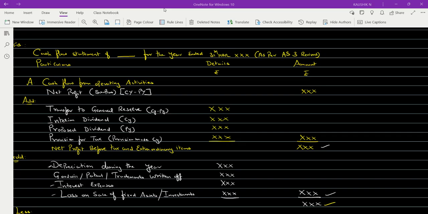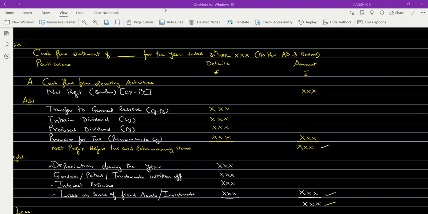Adding all of these gives an amount, and that value will be equal to the closing cash and bank balance plus marketable securities. Once we get this value, then automatically our answer is correct.